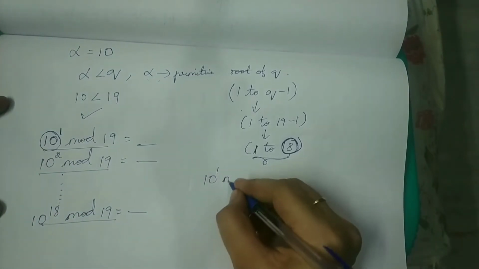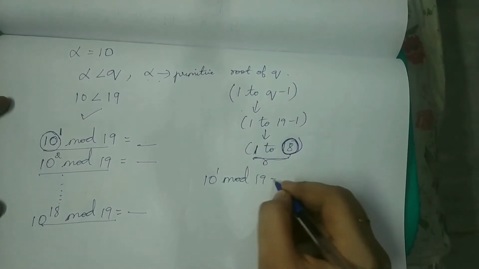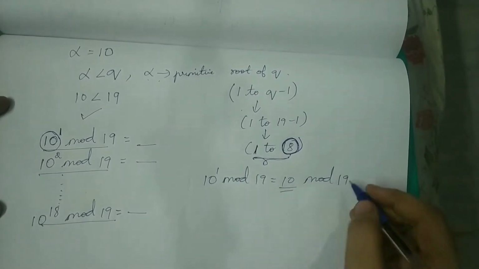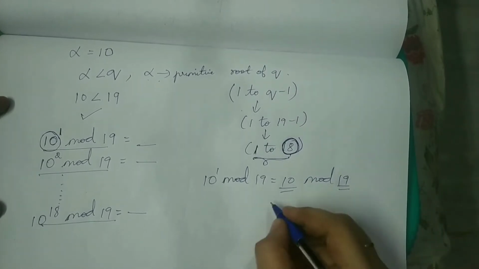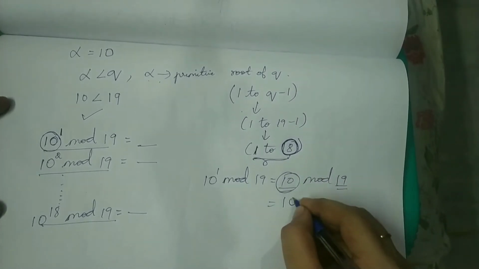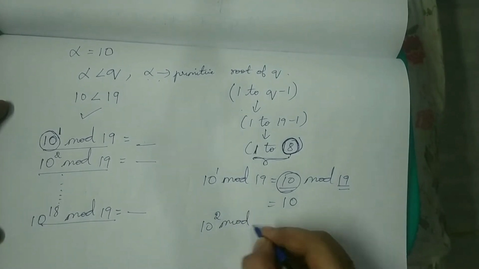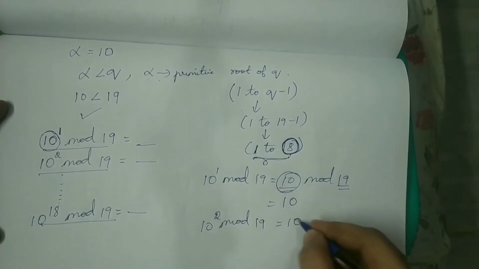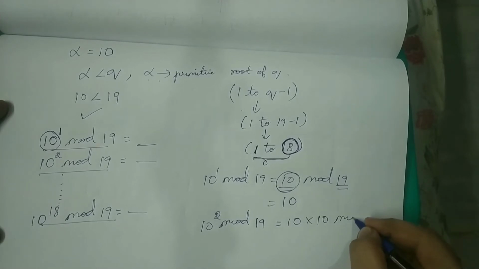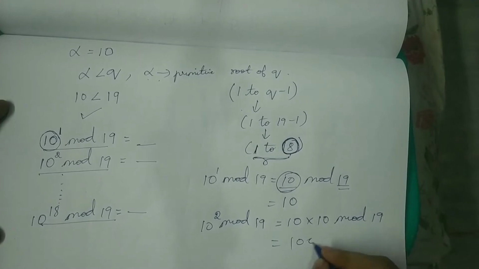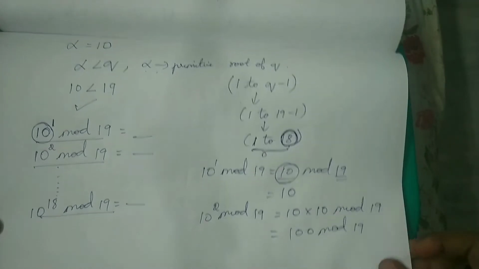10 to the power 1 mod 19, which is equal to 10 mod 19. Smaller number modulus the bigger number, the answer will be the smaller number. Next it is 10 square mod 19, which is 10 into 10 mod 19, which is equal to 100 mod 19.